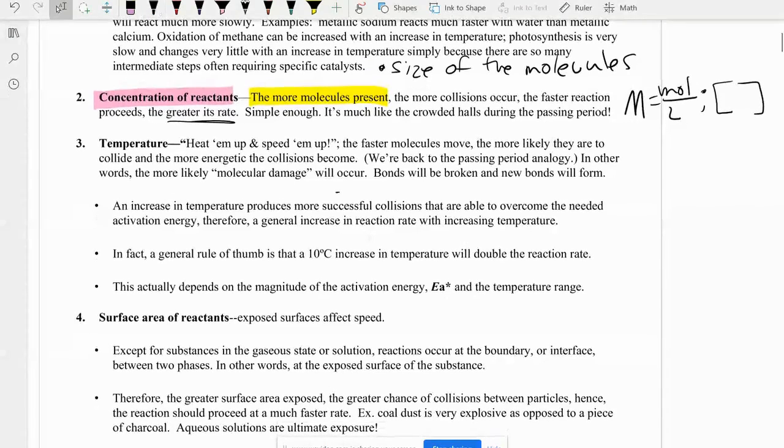The third factor that affects the rate of a reaction is the temperature. The general rule of thumb, and we like to say this a lot, is: if you heat them up, you're going to speed them up. And conceptually, hopefully that makes sense. If you heat something up, which is directly related to its kinetic energy, remember that is moving energy, the molecules are going to move faster and are more likely to collide with other reactants.